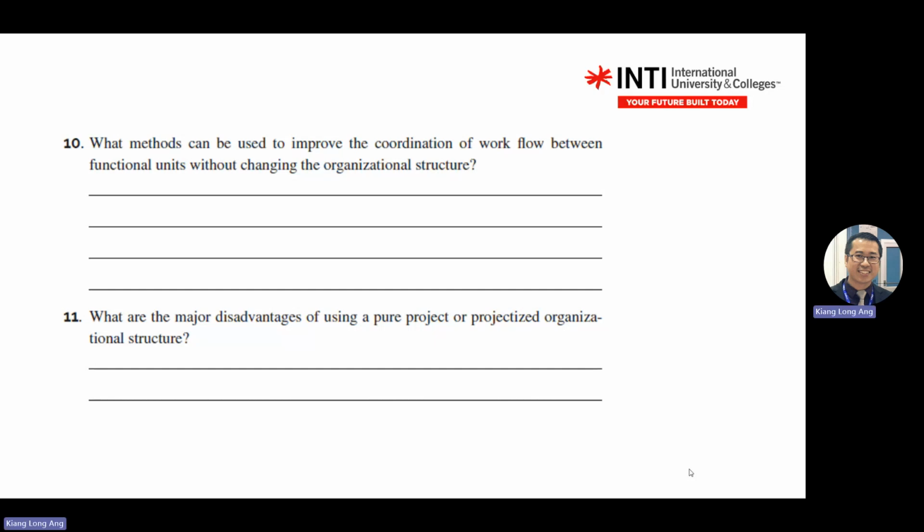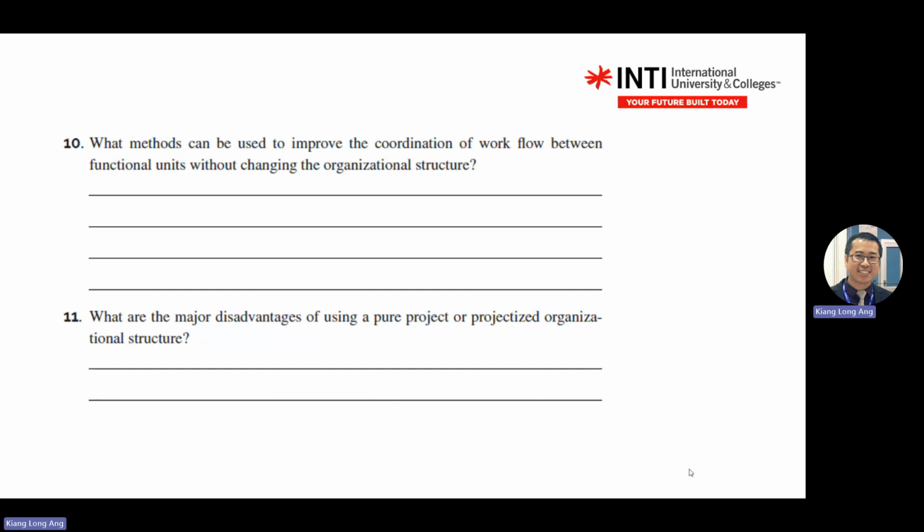So if you are someone inside here, at the executive level, how do you improve the coordination among these managers? The workflow: you have finance, you have production, you have procurement.